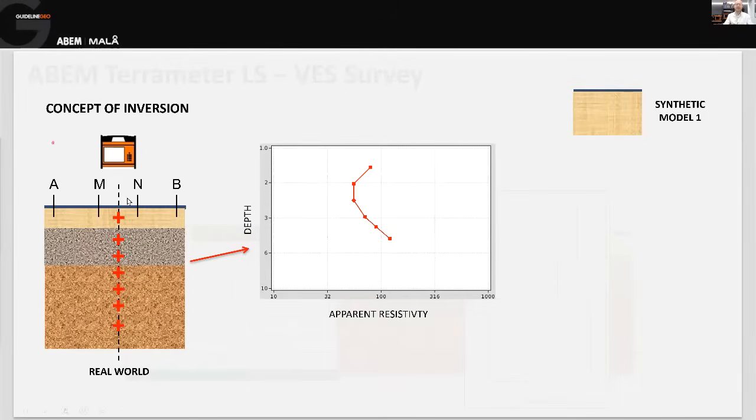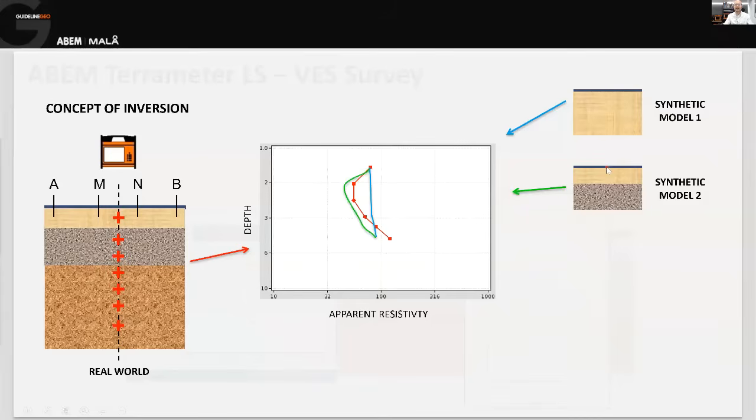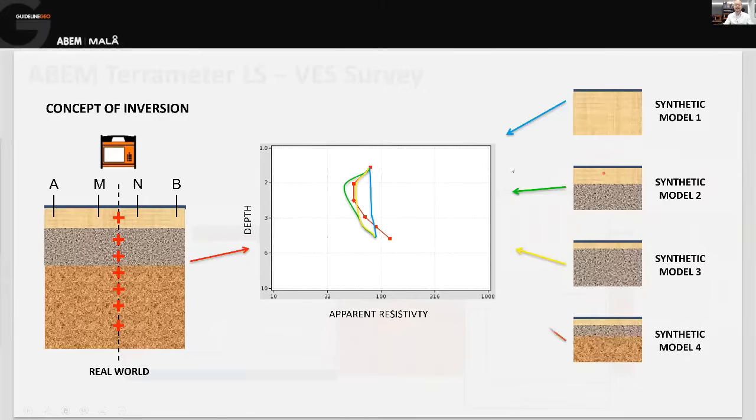It then repeats the survey process that we undertook in the real world on that model, and it looks at what the data would have looked like if the ground was the same as our model. So here you see that the model data doesn't fit with our raw data. So the inversion software changes the model and tries again. And it keeps changing the model until it gets somewhere close to a good fit between the modeled data and our true data from the field.